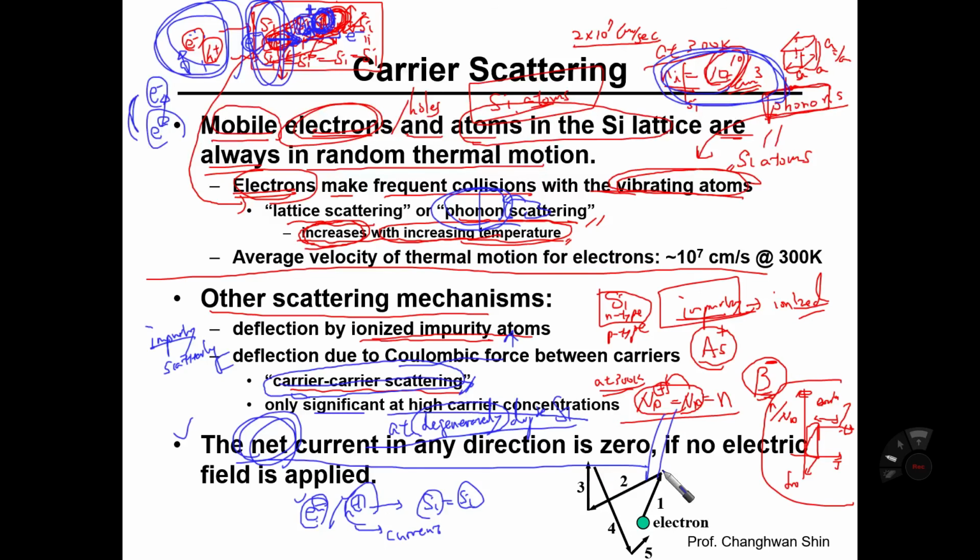But here one condition applies: unless an electric field is applied. Unless an electric field is applied, the net current in any direction, upward, downward, left, right, front, backside, is zero. That is the reason why you can't power up your smartphone. A smartphone cannot work at all because there is no net current flow in the integrated circuit.